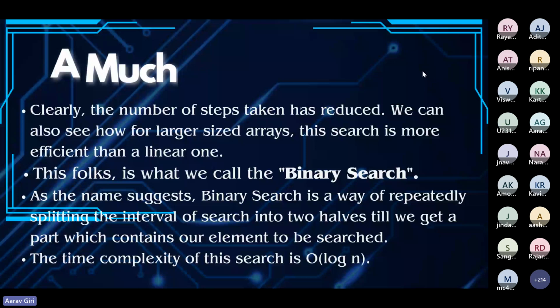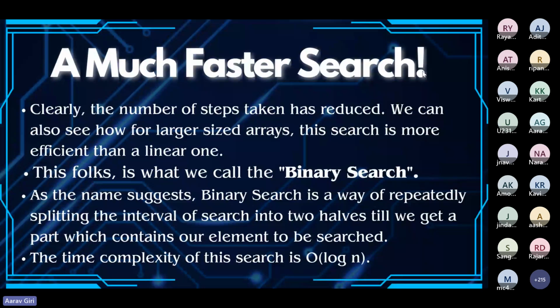Now you may say, Arav, that this is insignificant. It is just 2 steps less. No, actually, when you compute the time complexity of such a search, I'm not sure, but I guess you would have done it before. If not, I'll just tell you one thing. The complexity of such a search is logarithmic. And what is this search we did?